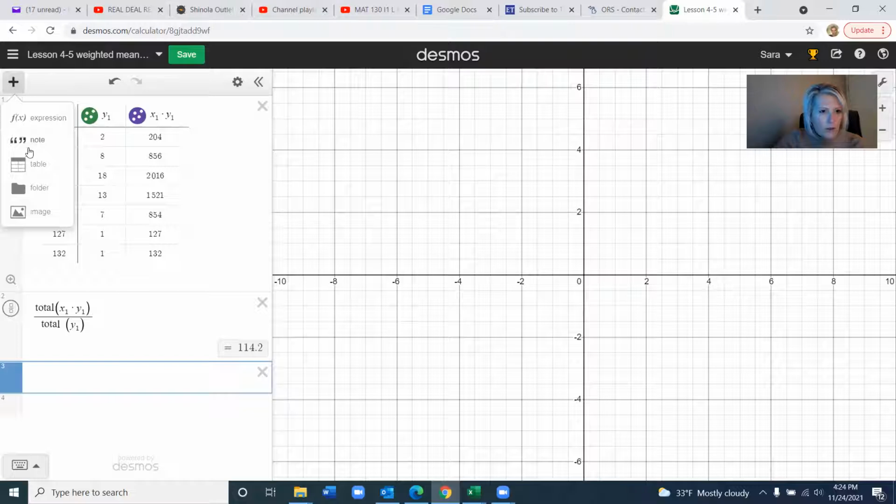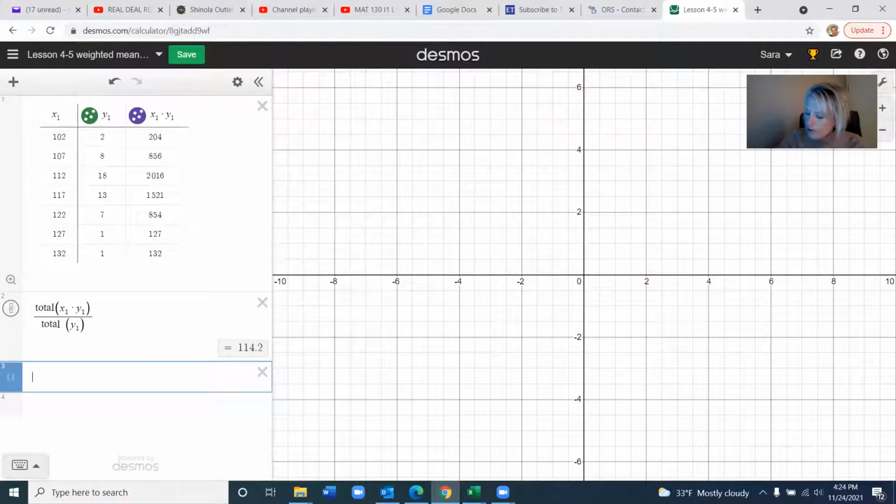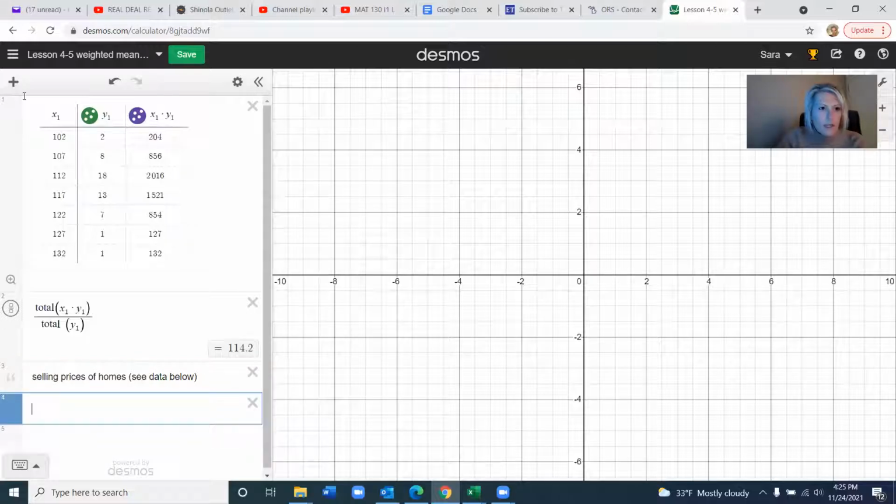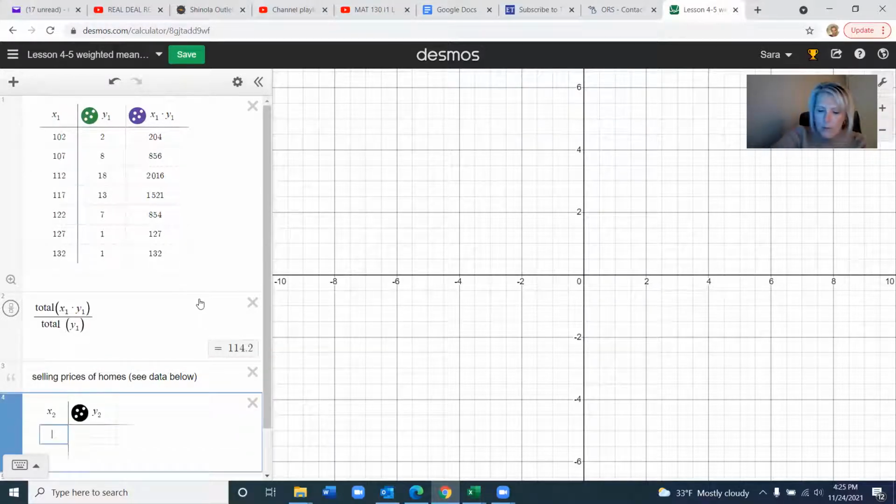So I'm going to put a note so I know that it's down below. So this is the selling prices of homes. See data below. Okay, so let's make a table. And so I'm going to put my midpoints.